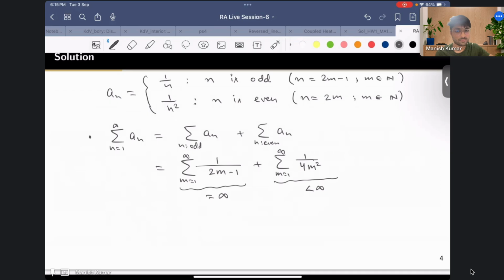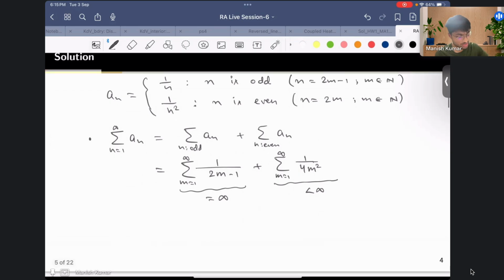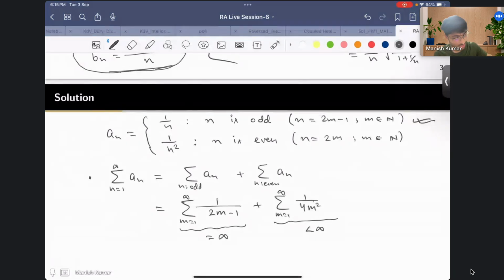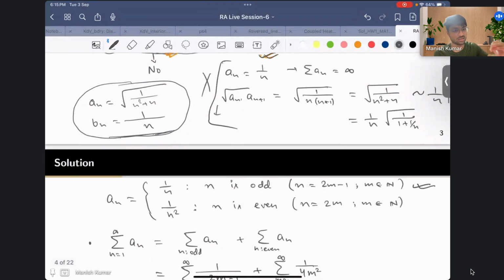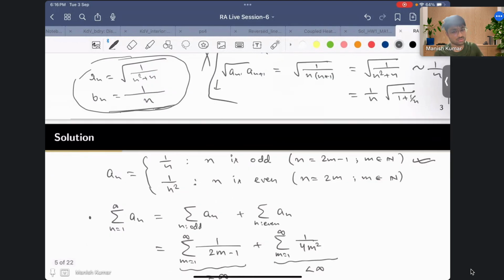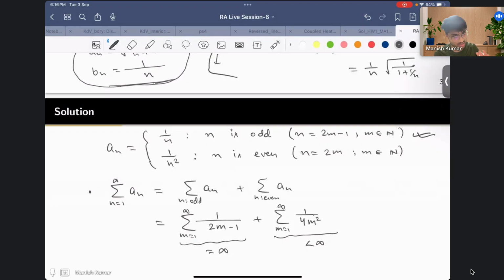This was possible because I included this one as before. Earlier I just chose 1 by n. Now over here I have done some mixing. I have chosen two different types of terms, alternatingly I am choosing the terms. So in this fashion, this summation an is still divergent.